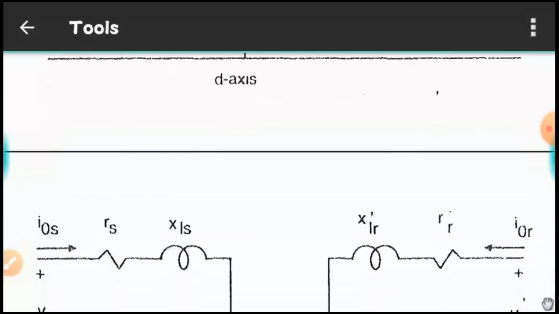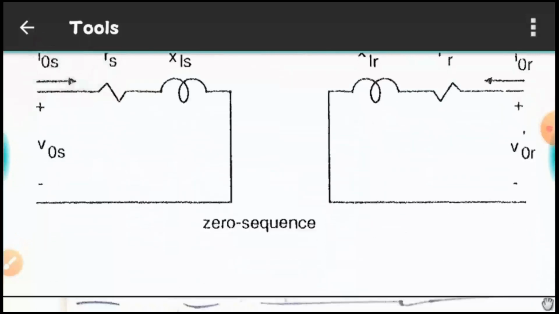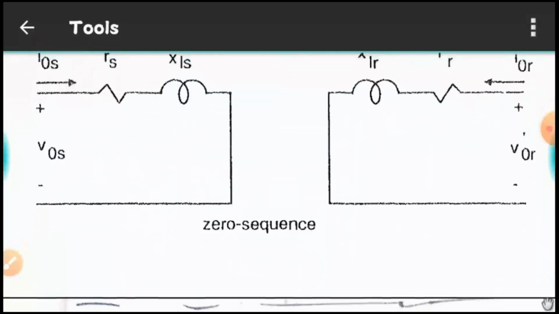And one more thing I would like to mention, that like our synchronous machine, our zero sequence network, we have observed that zero sequence is like God, no one and nothing can disturb him.